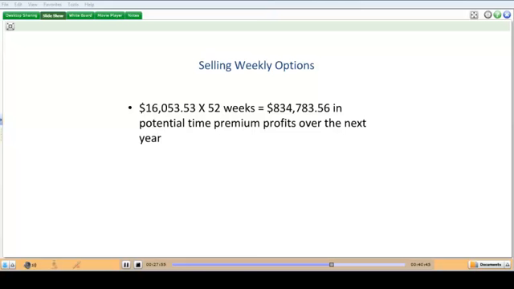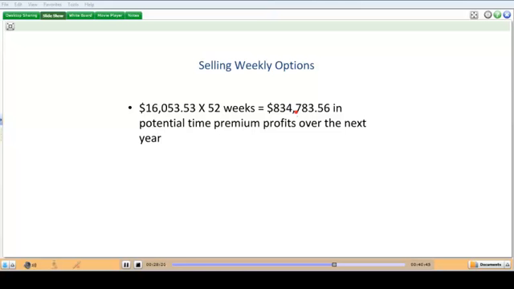So if you were able to collect $16,000 in cash each week with the strategy over the course of a year, that could add up to over $834,000, and that would allow you to start compounding your returns when you're collecting that much premium.